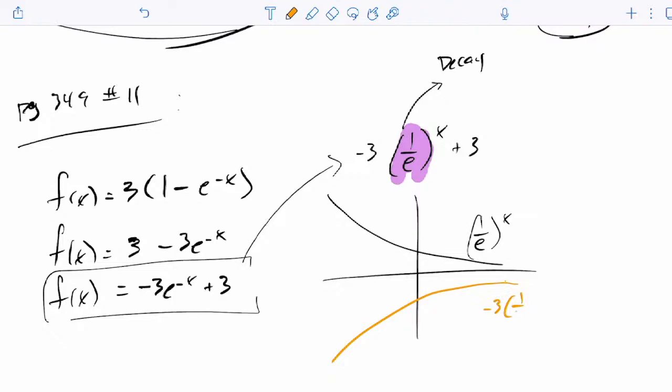This is kind of a lazy drawing of this one. And then you're going to shift everything up 3 units. So a quick sketch of this up 3 units looks something like this.